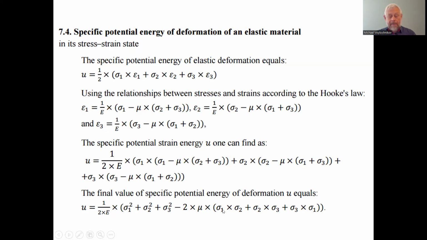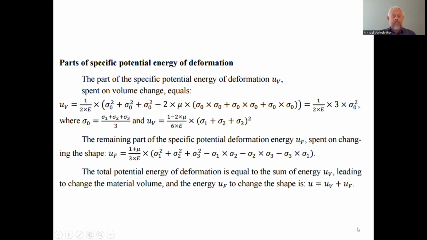In the brackets are the products of each one by the other main normal stresses: sigma 1 by sigma 2, sigma 3 by sigma 1, sigma 2 by sigma 3, etc. So after that, the question arises: what is the part of the energy spent for the change of the volume of the segment of the mechanical body, and what is the part of the energy spent for the transforming of the shape of the mechanical body?